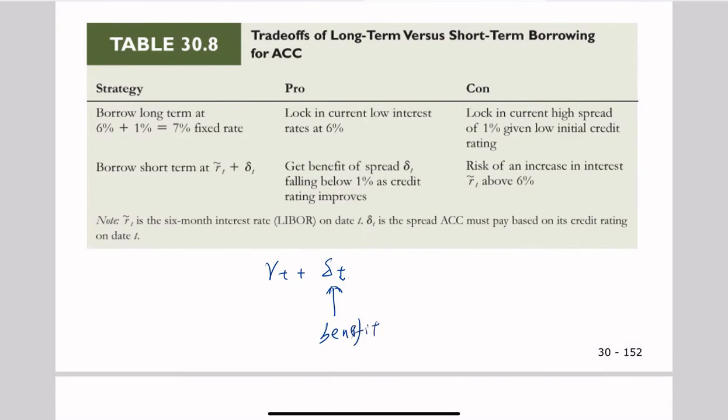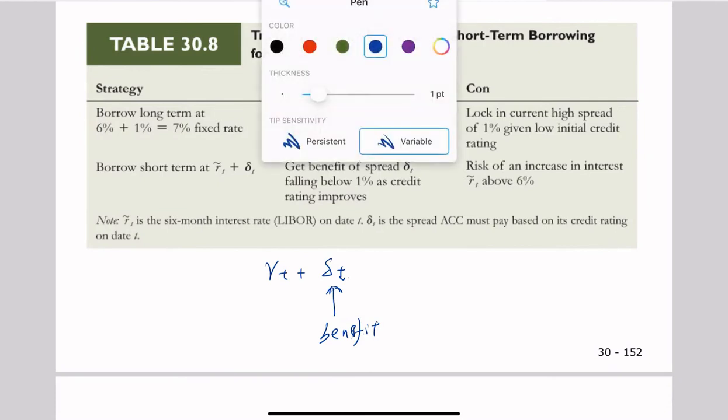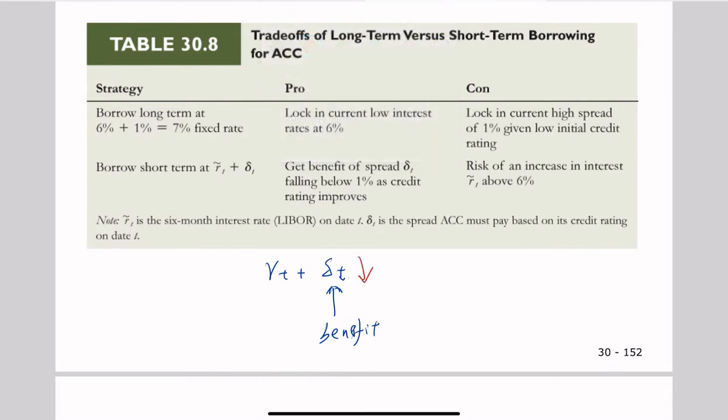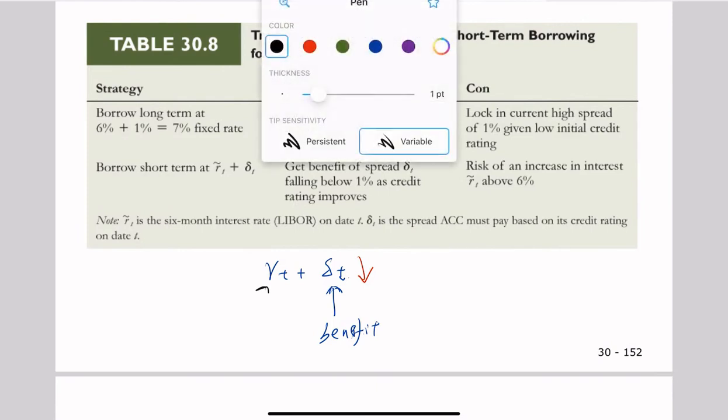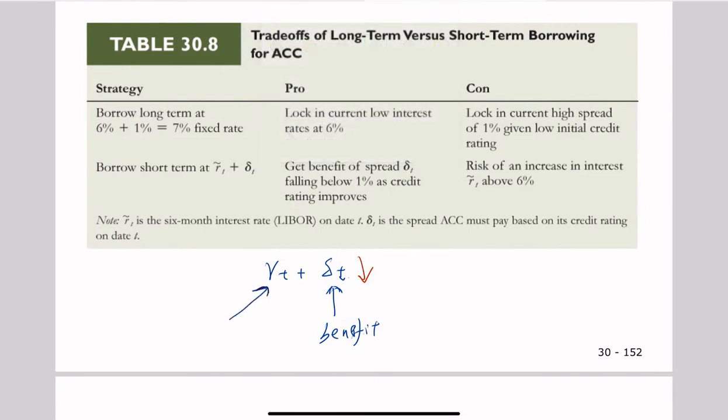This is the benefit or the good part because in the future, this credit spread delta T will decrease, right? But this part, this RT, is the downside. So let's call this just downside. Right? Because the firm believes in the future, this rate will increase.